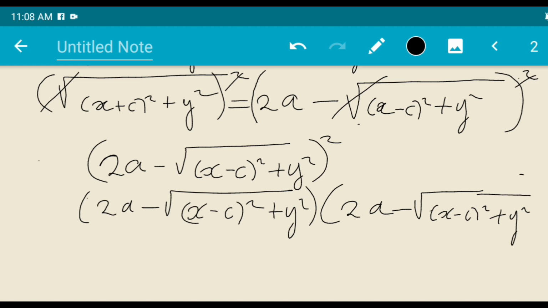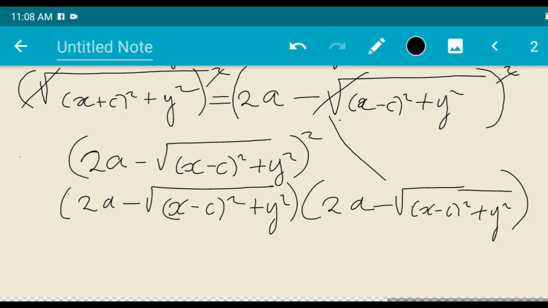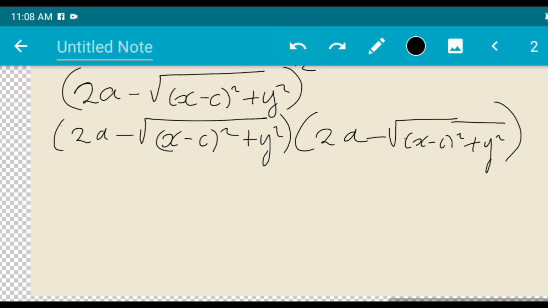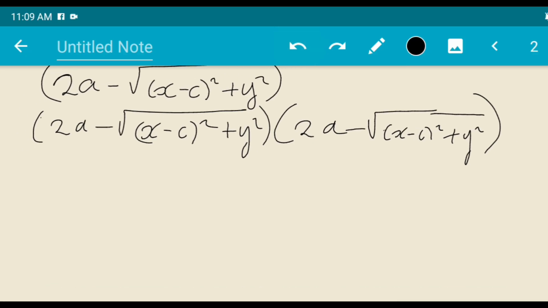So having done this, we can now start multiplying just as we did when illustrating between A and B. Take this whole thing as your A and this as your B. So this times this is going to be 4a squared.